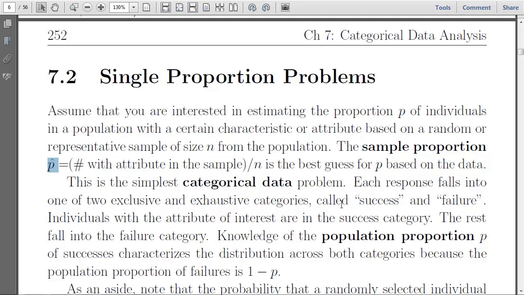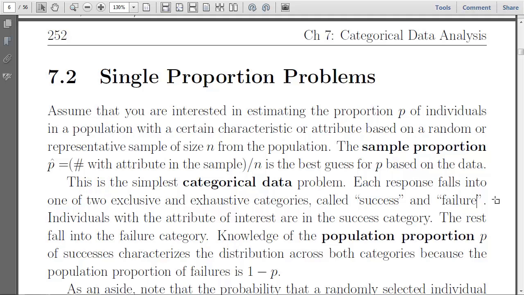So this is the simplest such categorical data problem, where we've got two categories that we call success and failure. And the words success and failure don't necessarily mean good and bad.